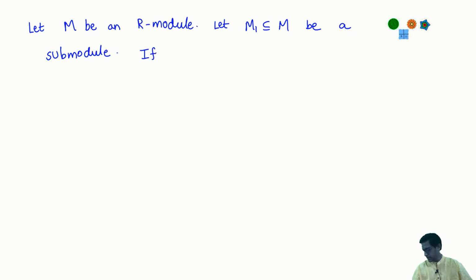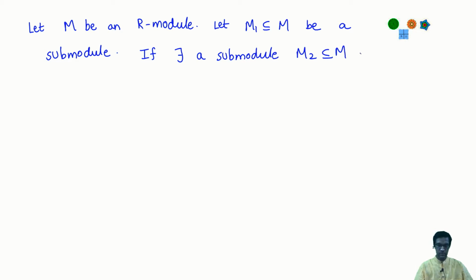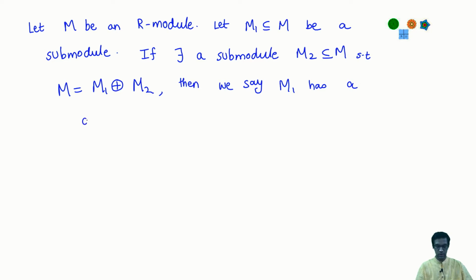Now if there exists a submodule M2 of M such that M is the internal direct sum of M1 and M2, then we say that M1 has a complementary submodule.